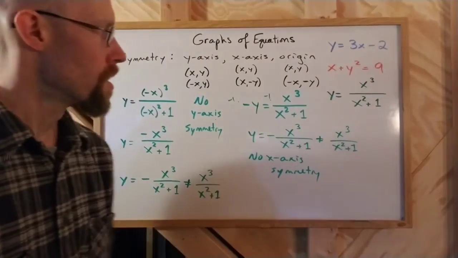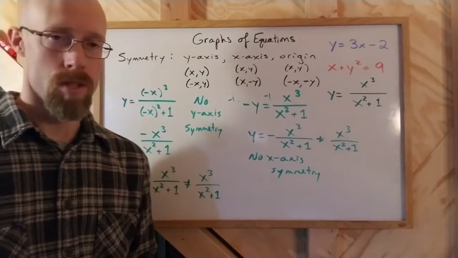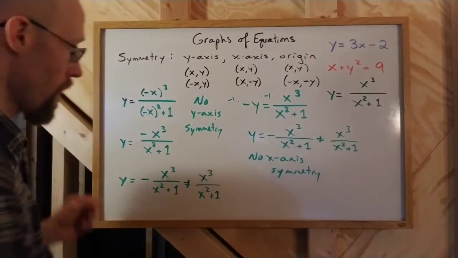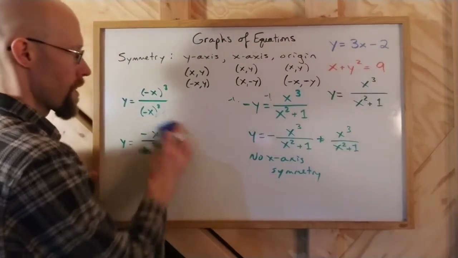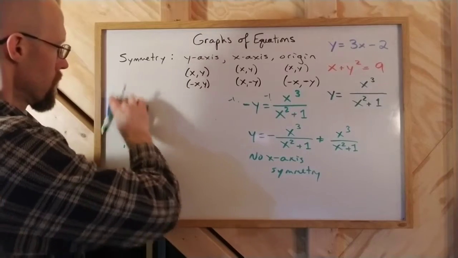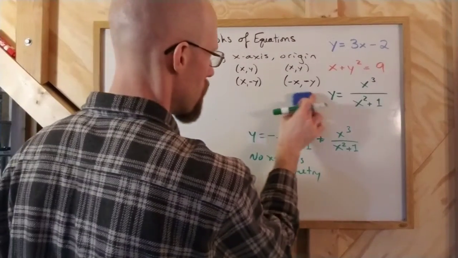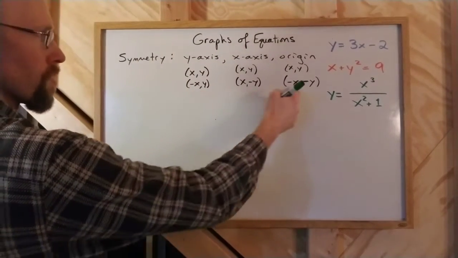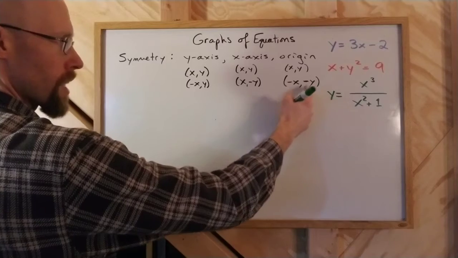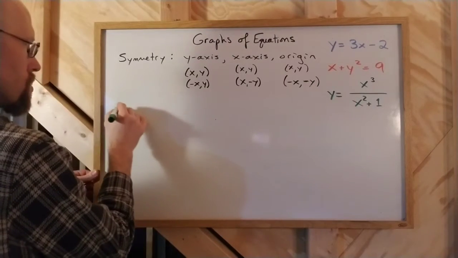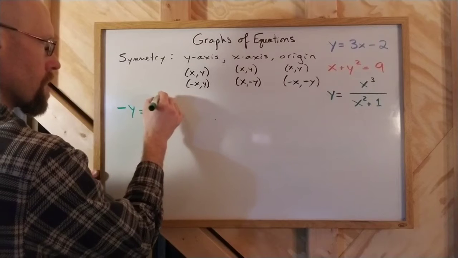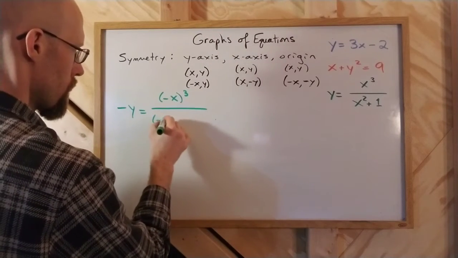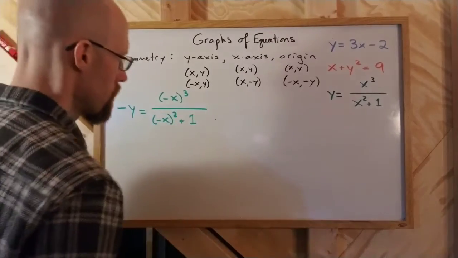Okay? So now let's see what happens when we do the origin symmetry. We're going to change both the x and the y into negative x and negative y. They're opposites. So let's try that out. So for origin symmetry, I want to replace both the y with negative y and the x's with the negative x. So this is negative y equals negative x cubed over negative x squared plus 1.